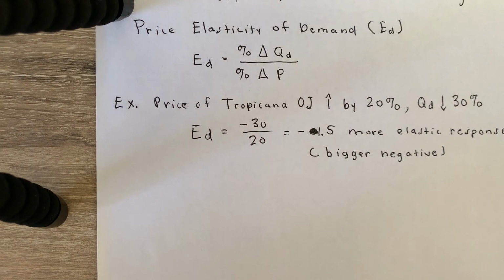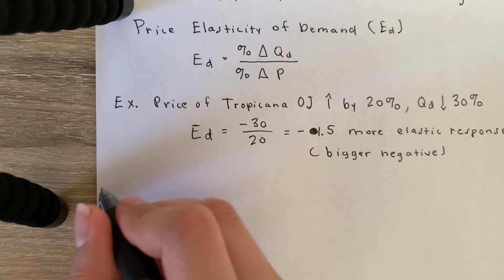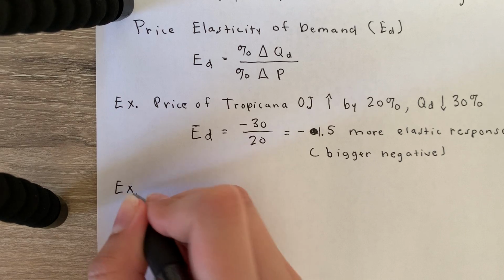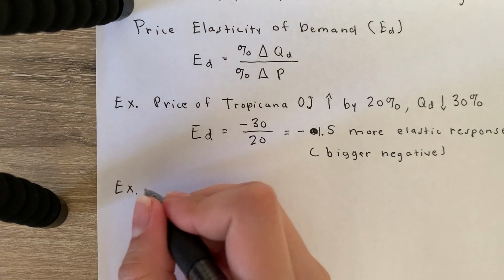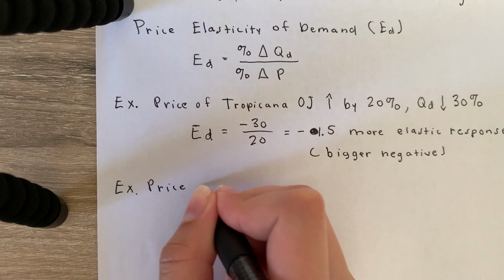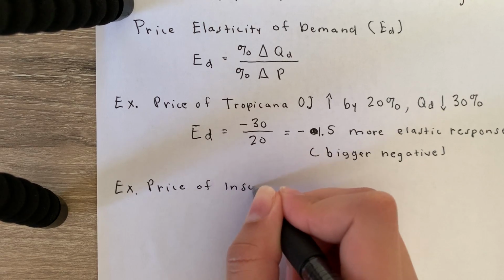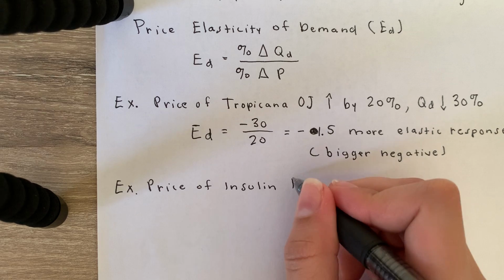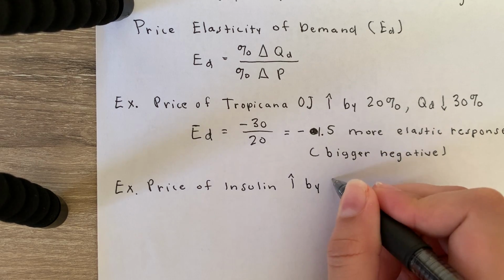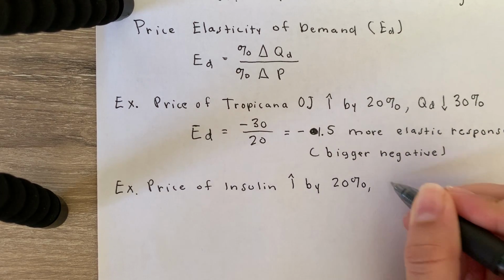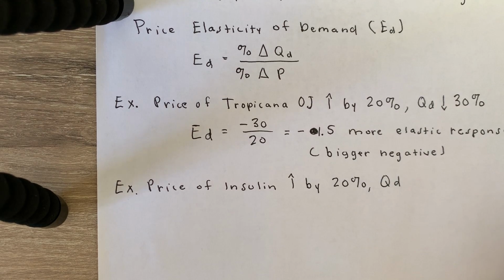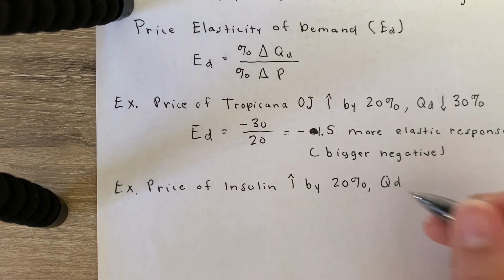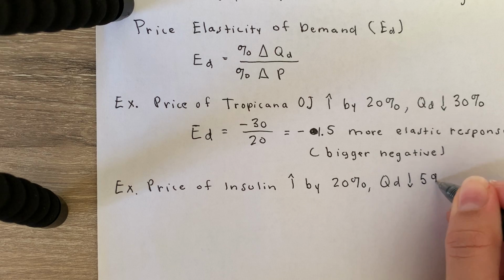Now comparing this with the second example, the price of insulin also increased by 20%, and how did that affect our quantity demanded? Well, in this case, our QD only went down by 5%.